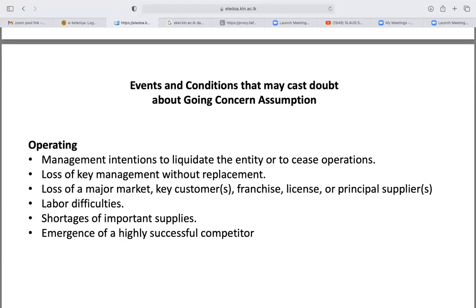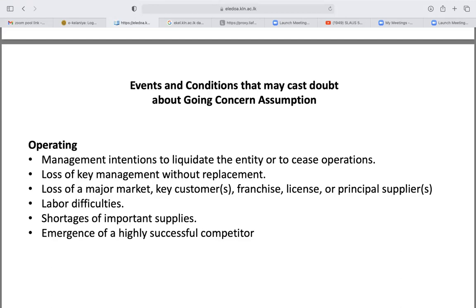Emergence of highly successful competitors. Sometimes competitors come into the industry and they push out all the companies, right? So for example, if America comes to Sri Lanka to do business, what would happen to Sri Lanka?